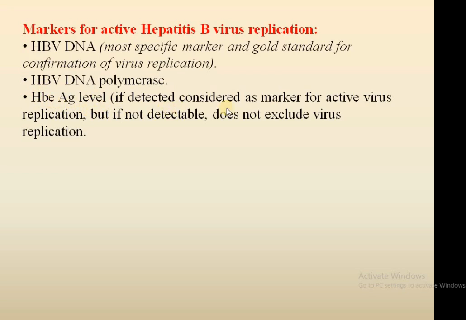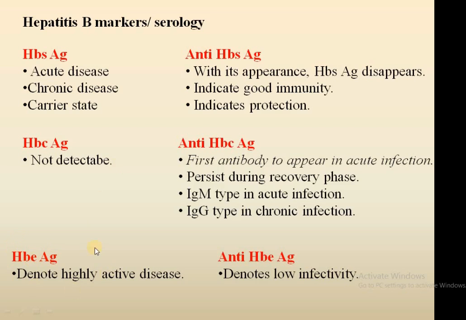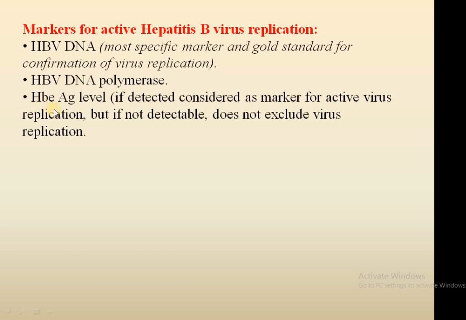HBeAg level, if detected, is considered a marker for active virus infection or replication, but if it is not detected, it does not exclude the replication. So HBeAg denotes a highly active state. The first gold standard for virus replication is hepatitis B virus DNA, then hepatitis B virus DNA polymerase, and then HBeAg.